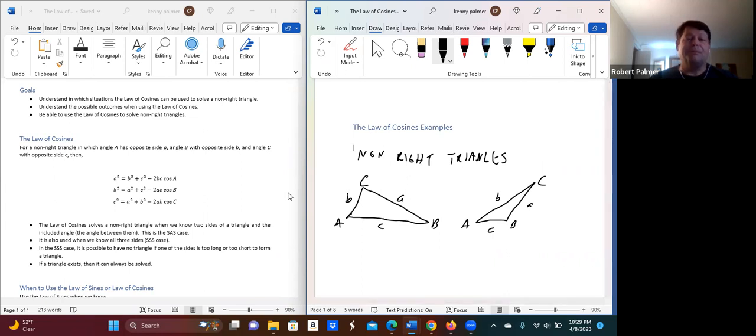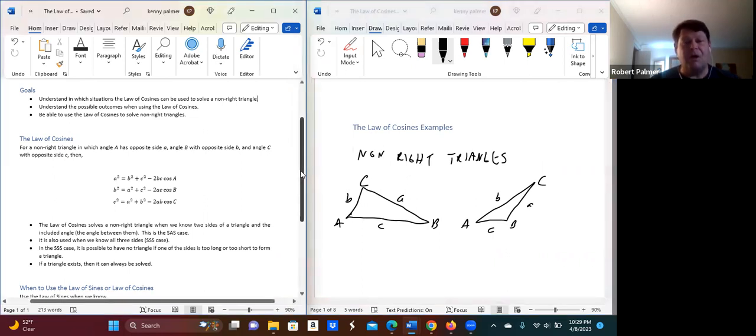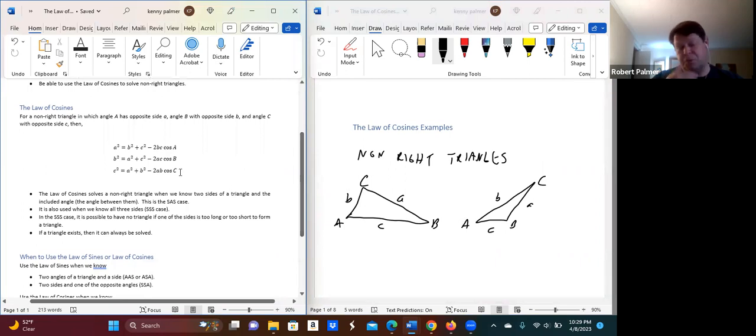Okay. Now, the law of cosines looks like this. There are basically three rules, depending on how you label your angles and sides, and they all have basically the same form. So for example, for side A: side A squared is equal to the sum of the squares of the other two sides, similar to the Pythagorean theorem, but it's not the Pythagorean theorem.